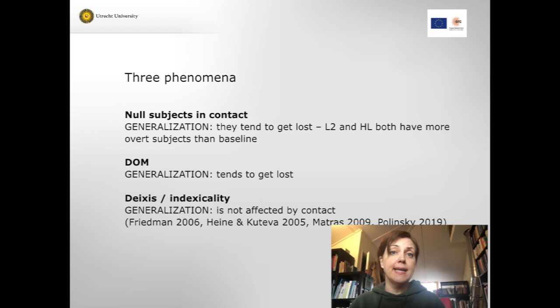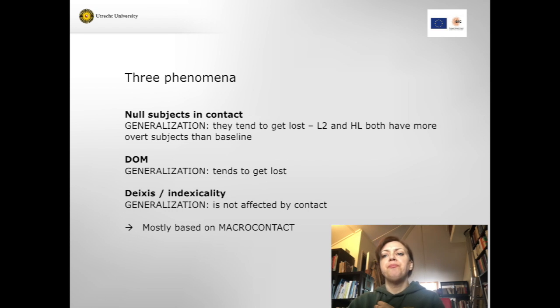We know in general that indexicality, and whatever is an anchoring to the speech act, tends to stay stable. This has been demonstrated by Polinsky within heritage languages, but also by several other scholars of change in contact. Indexicality pronouns are really not very affected by change in contact.